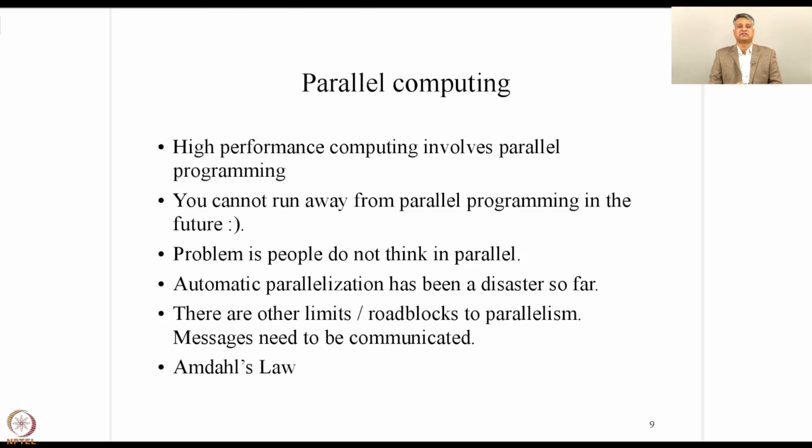How do I exploit it and run my scientific compute at the fastest possible speed? That involves parallel programming. And because of the reasons mentioned before, you cannot run away from parallel programming, because in the future you're going to have only multi-core CPUs coming about.